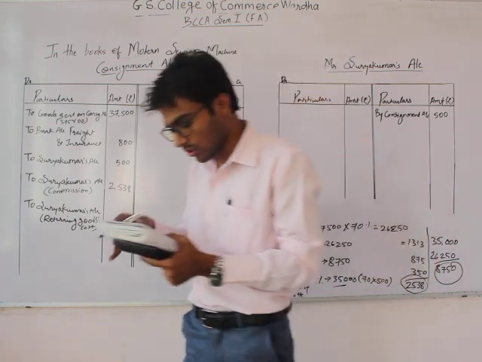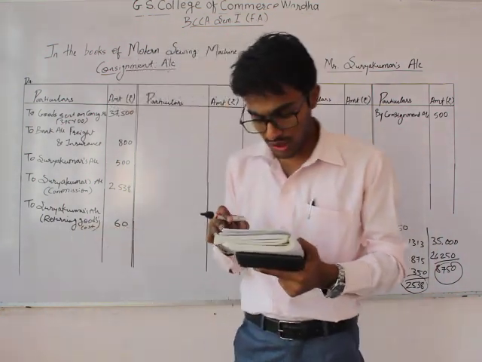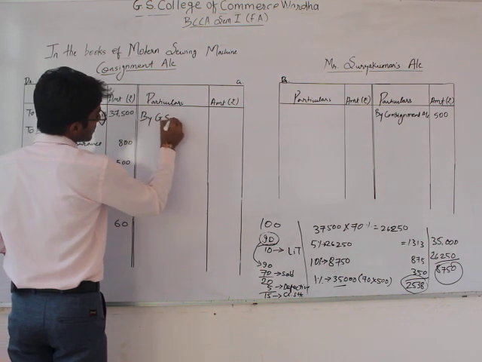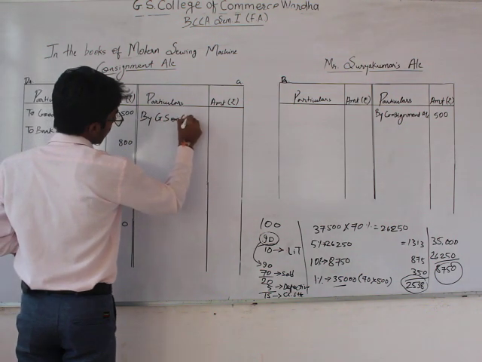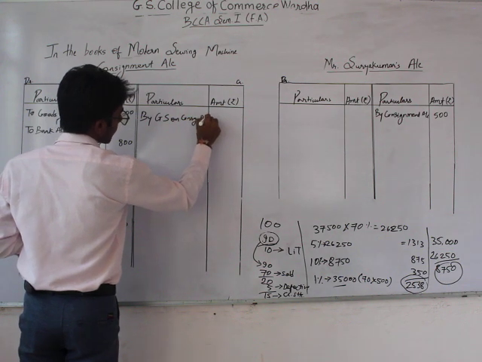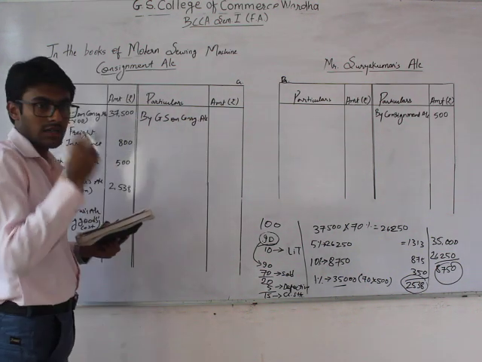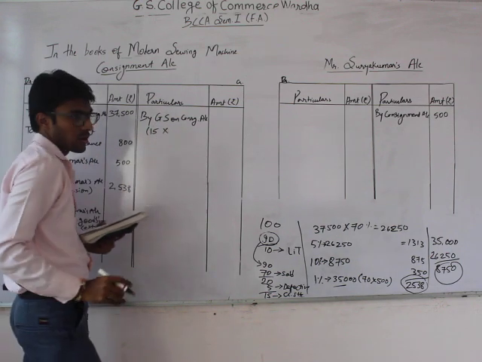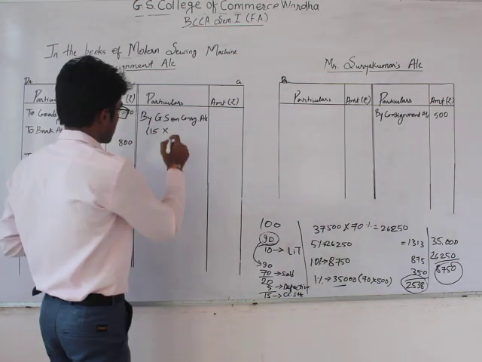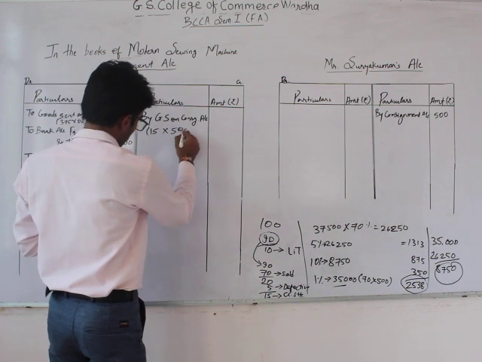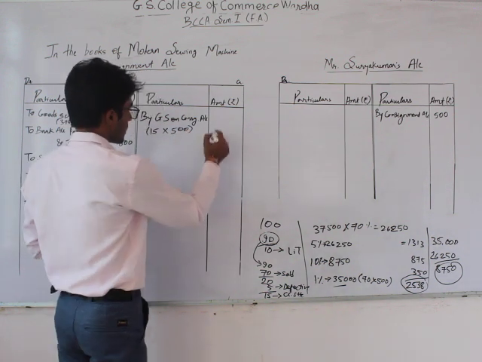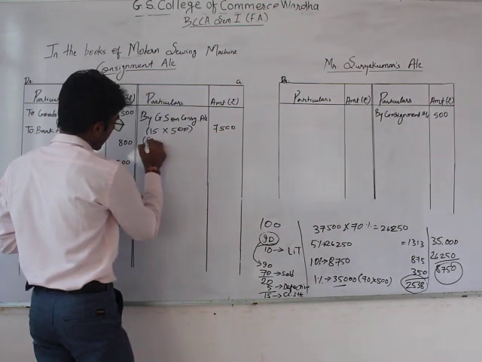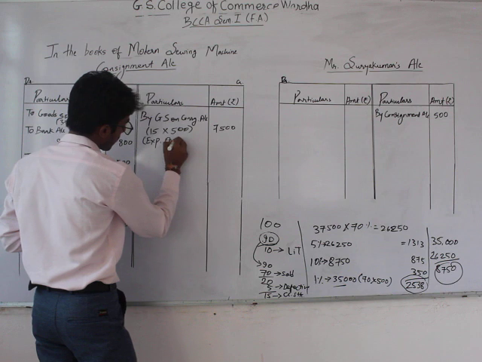So we have to write by goods sent on consignment account. How do we calculate? 15 units at the selling price of 500 will be 7,500. This is the expense overloaded.